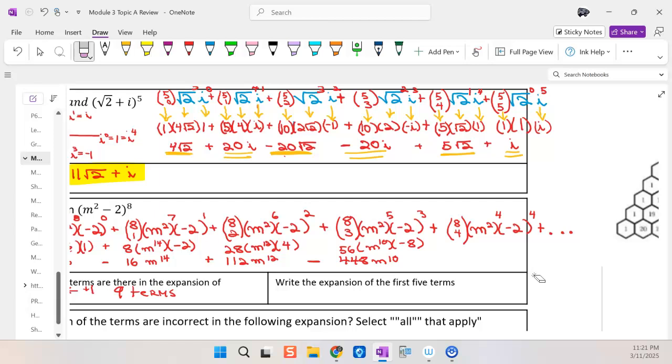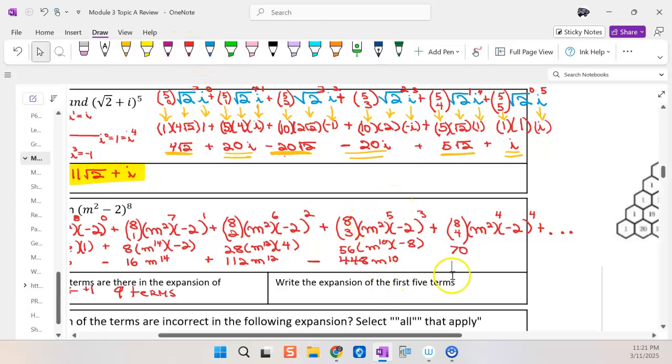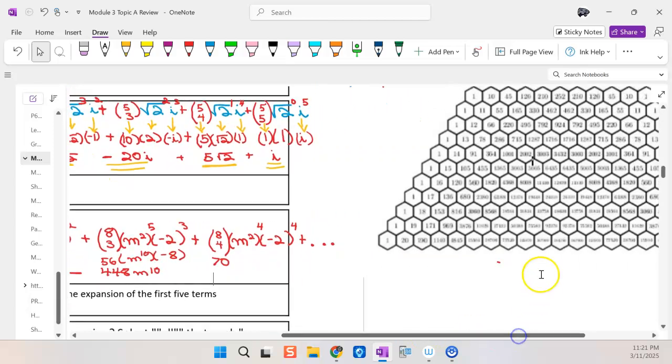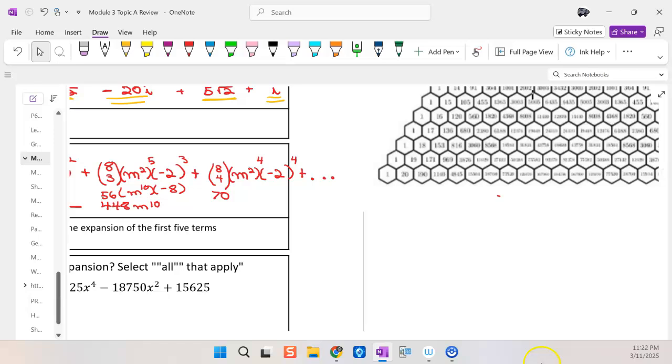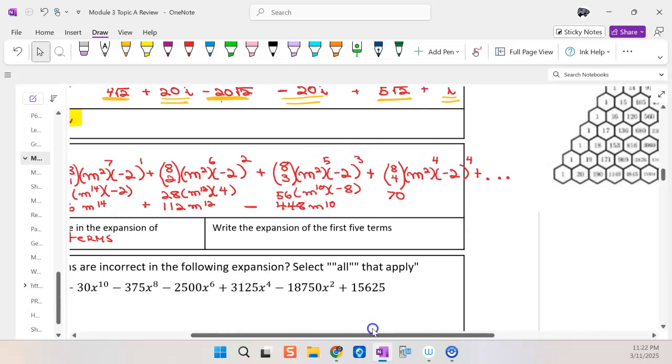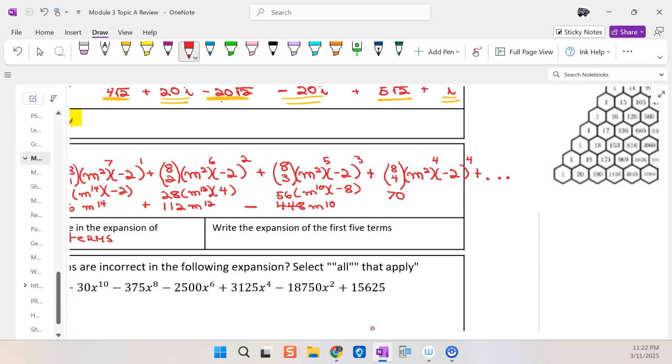Okay, 8 choose 4 was 70. m to the 8th, negative 2 times negative 2 times negative 2 times negative 2, 16.